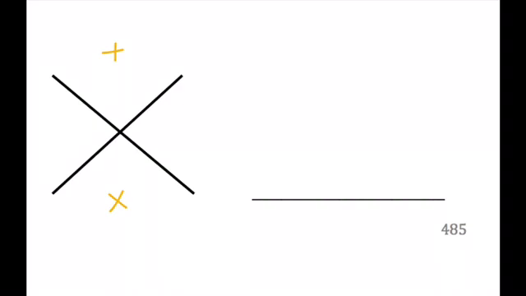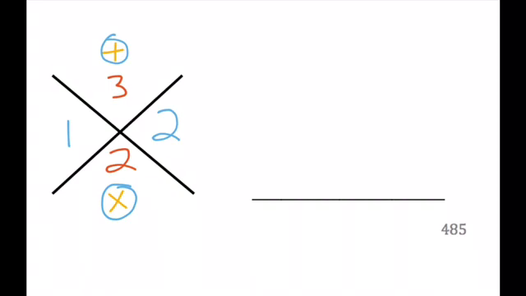So my middle term was 3, and my last term, the third term, was 2. So what two numbers, when multiplied, give me 2, and when added, give me 3? Hopefully you know the answer is 1 and 2. So 1 plus 2 equals 3, and 1 times 2 equals 2.